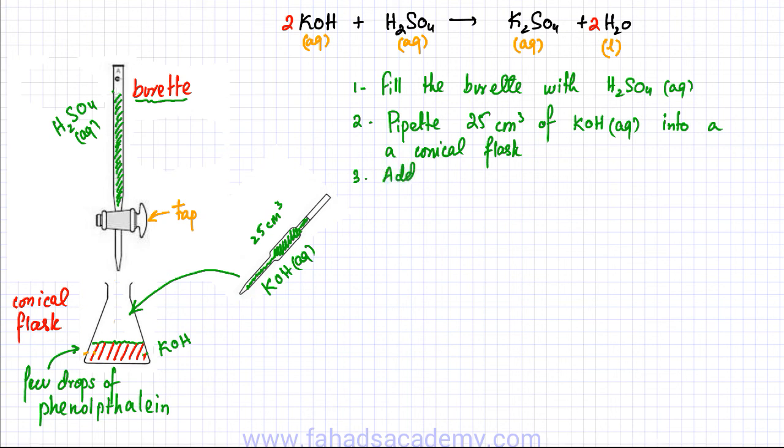So your third step would be to add a few drops of phenolphthalein indicator in the conical flask.